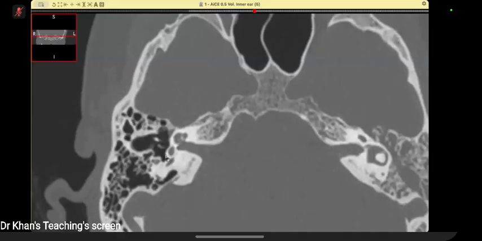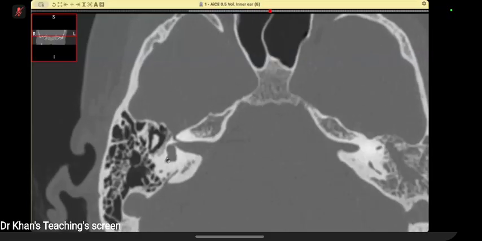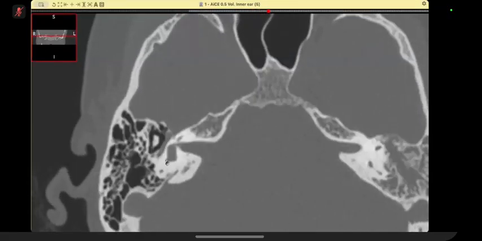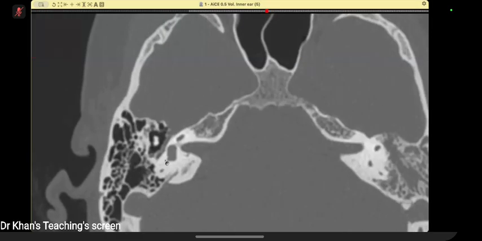It will sit posteriorly, and from here, of course, it can go up and down. It all depends on the size. So this is the difference between the two. I hope it is clear now.